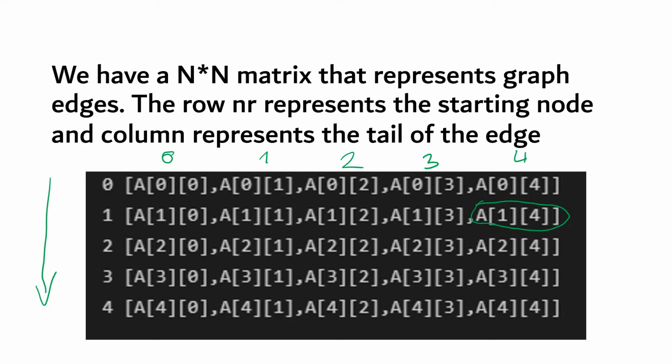So for example, here we have this cell. This means that we go from the node labeled 3 to the node labeled 1.